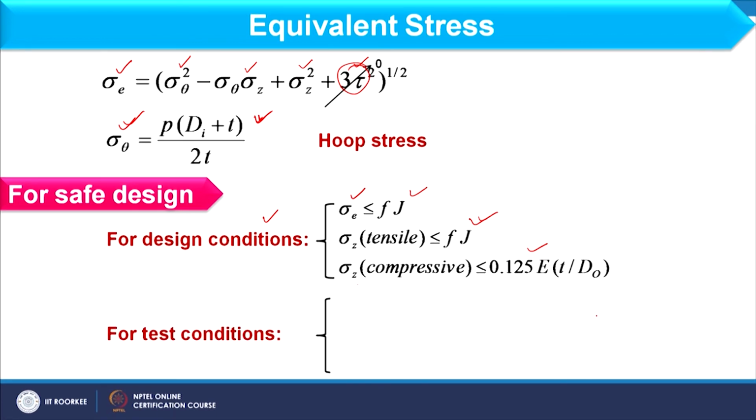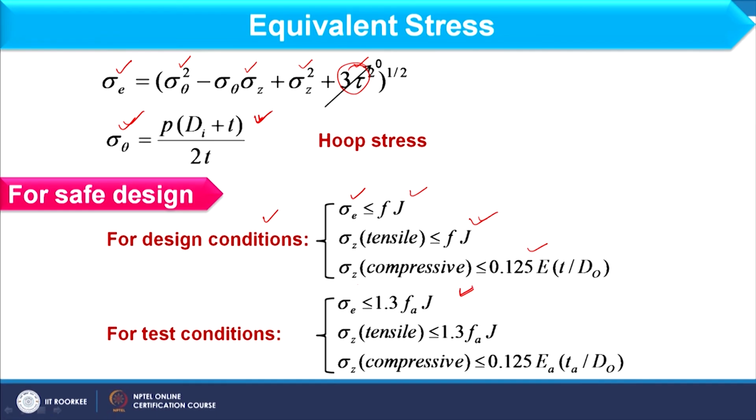And for test condition we can have sigma E, which should be less than or equal to 1.3 Faj, sigma Z tensile should be less than or equal to 1.3 Faj, and sigma Z compressive should be less than or equal to 0.125 Ea Ta by D naught. Okay. So, this E is basically the elasticity of the material.